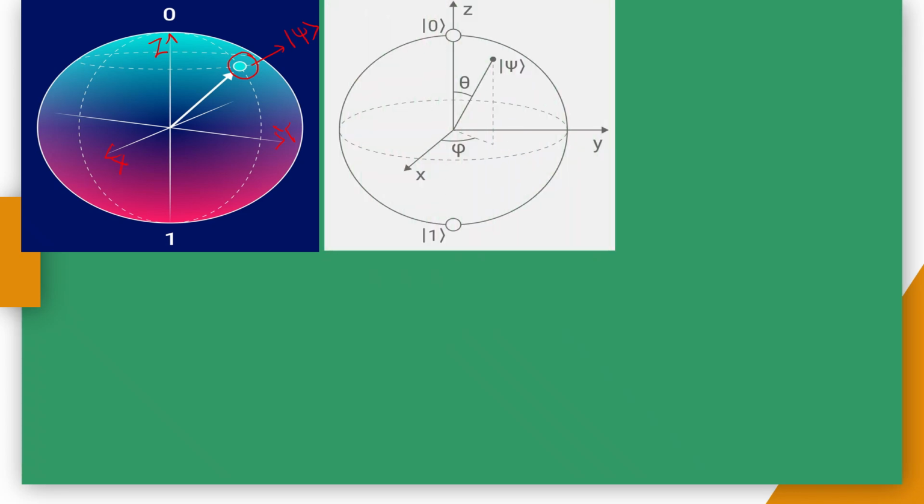See here, this is the quantum state. This point makes two different angles, one with the z-axis and one with the x-axis. This is the state vector from the origin, and the projection of that state on the XY plane is this one. This projection makes the angle phi with the x-axis. That part I will discuss in a few minutes.